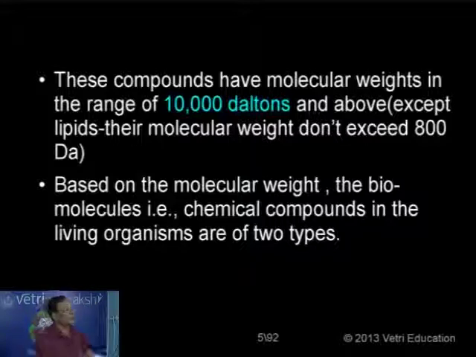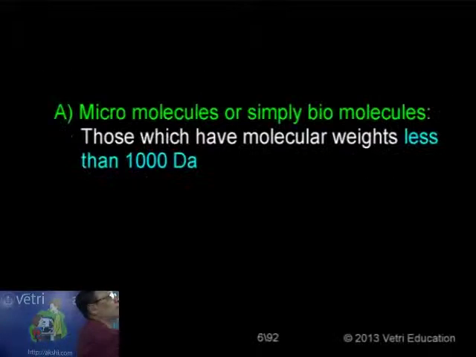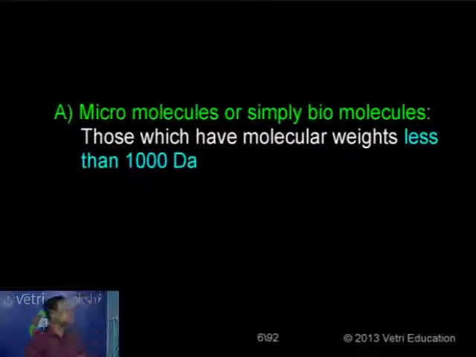The biomicromolecules are also simply called biological molecules. Micromolecules are simply biomolecules, and as I mentioned already, these are molecules which have a molecular weight less than 1000 Daltons. You see, the lipid is also less than 1000 Daltons, but we are including lipids under the macromolecular fraction. I will give you the reason now.